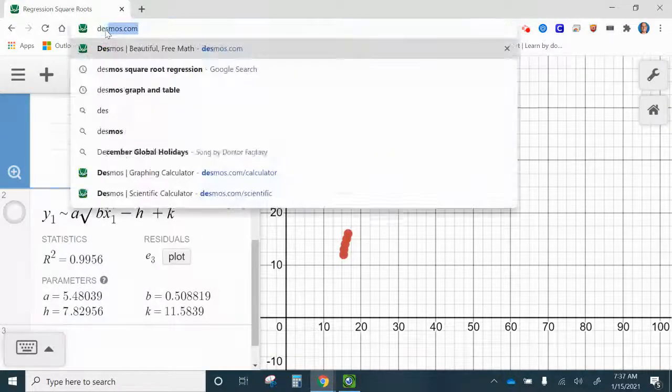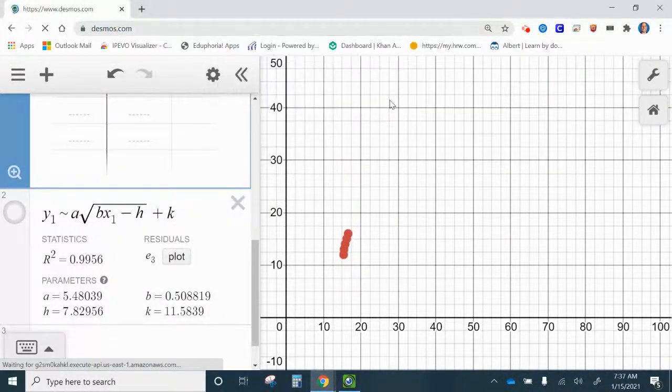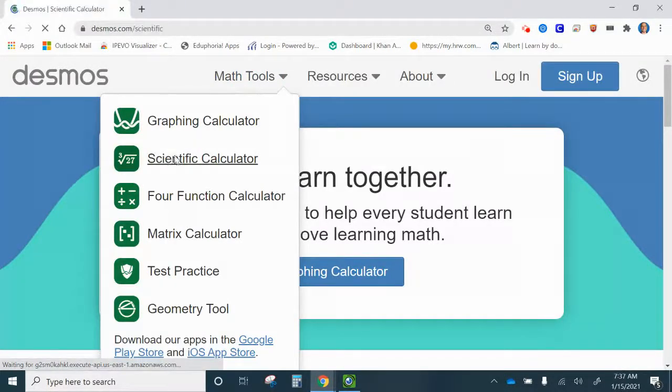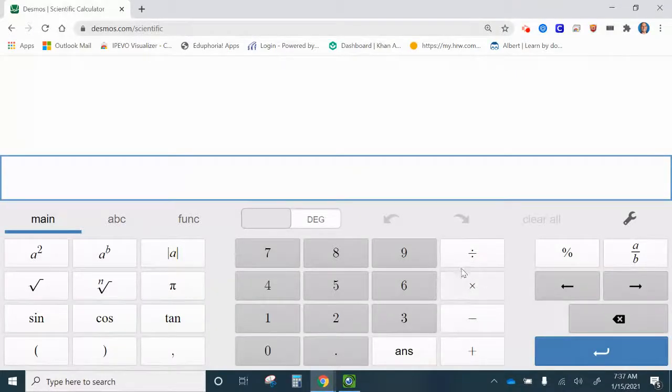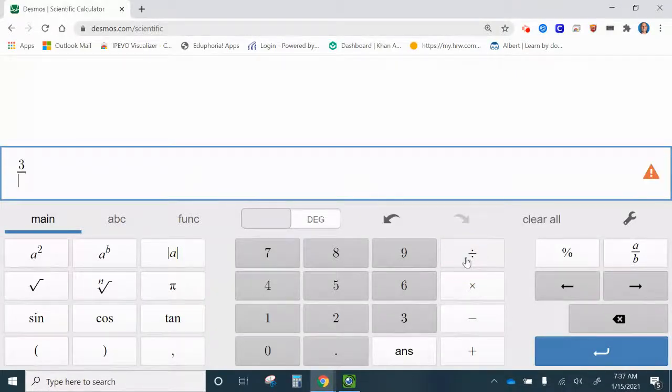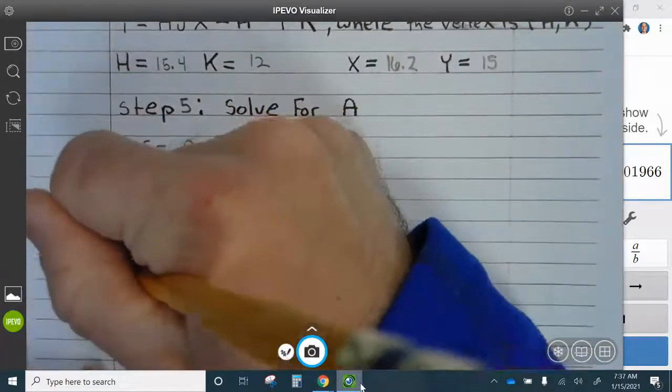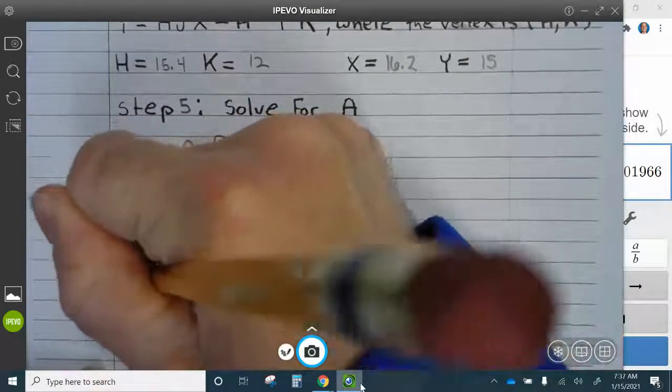Let me go to desmos.com, scientific calculator. If I press the divide symbol first, I can have the fraction immediately: 3 over the square root of 0.8. I don't think it says how to round, so we'll just go 2 decimal places. So 3.35. A equals 3.35.